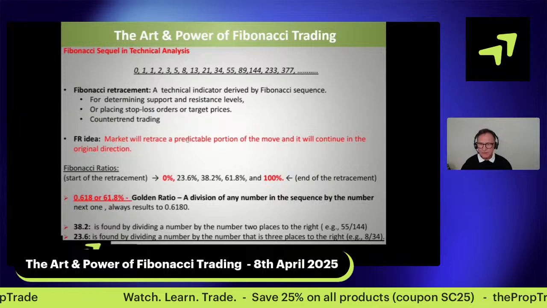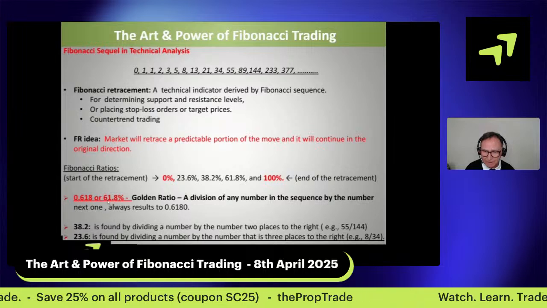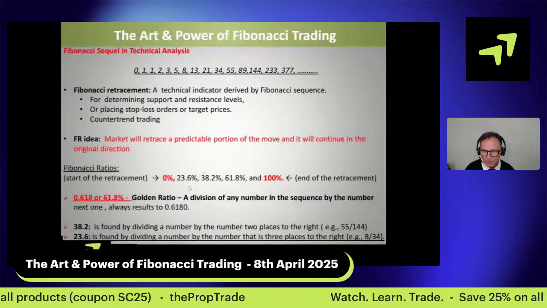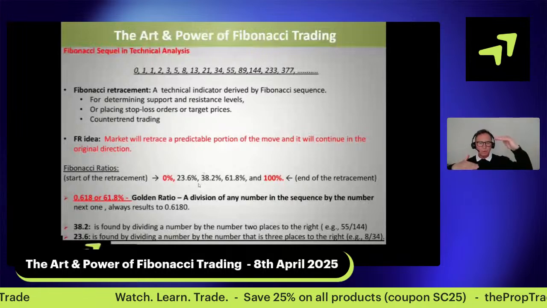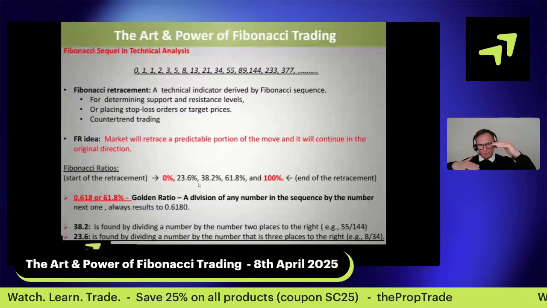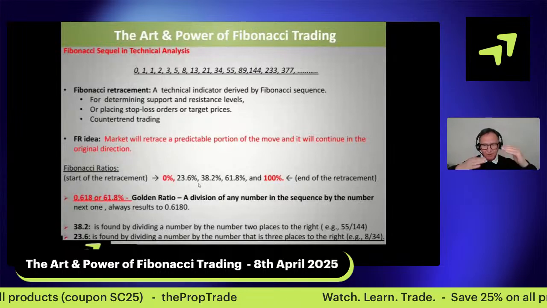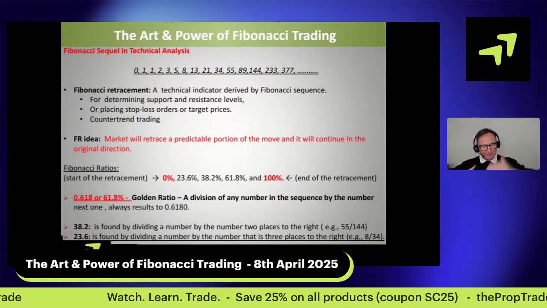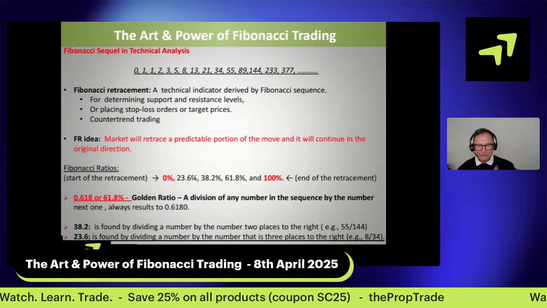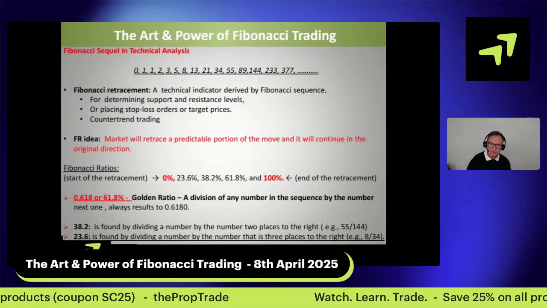If you add the numbers together and divide them, you get the first number in the sequence, the 23.6% of the movement. So you've got a movement from 0 to 100, and then you apply the Fibonacci sequence, adding the two numbers together and dividing by each other, and you'll get a retracement of that initial leg, that initial wave up, that initial strong energy, of 23.6.